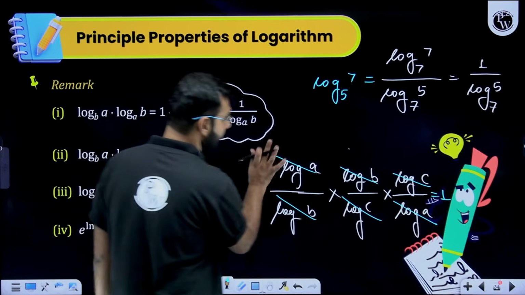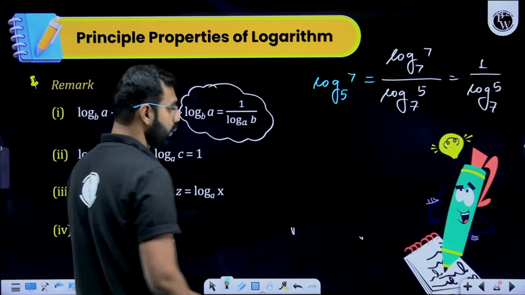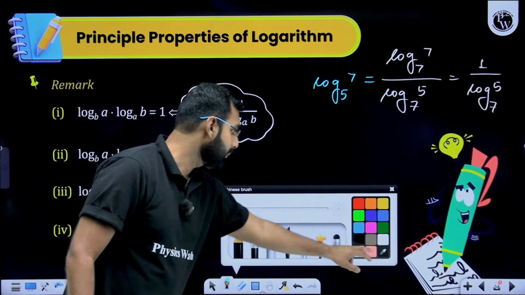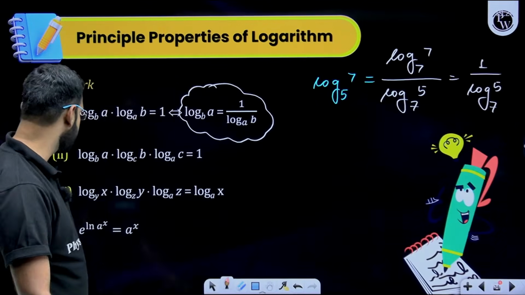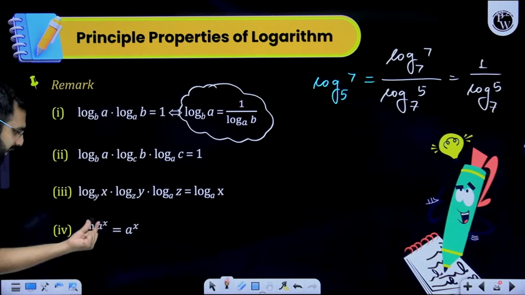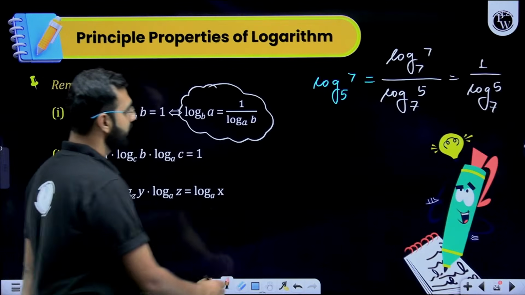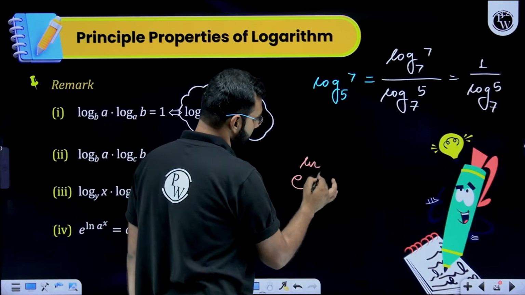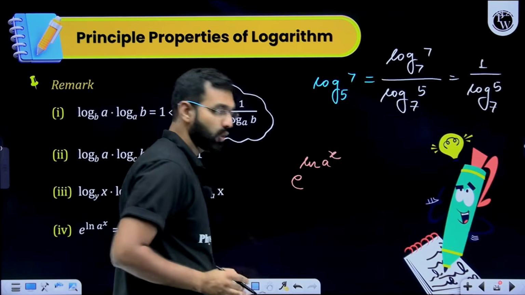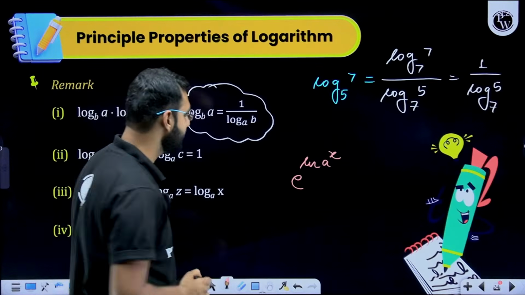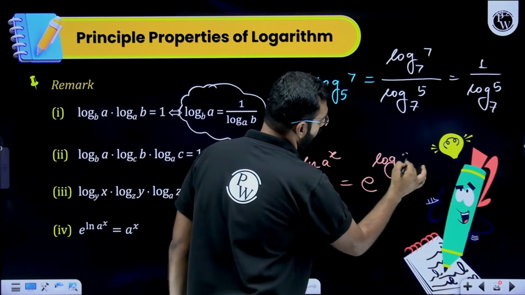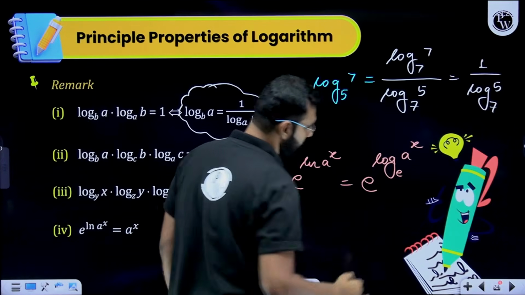Now, there comes again a very interesting property with which we had begun this question session. The fundamental property of logarithm. Let's say if somebody asks you e to the power ln a to the power x. What does it mean? I rewrite it. e is your base raised to the power ln a to the power x. Now, what is ln? Log at base e. So, I can write it as e to the power log of a to the power x at base e.